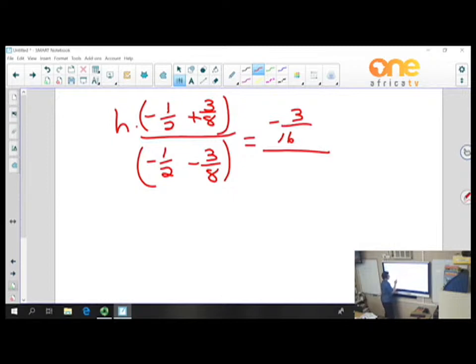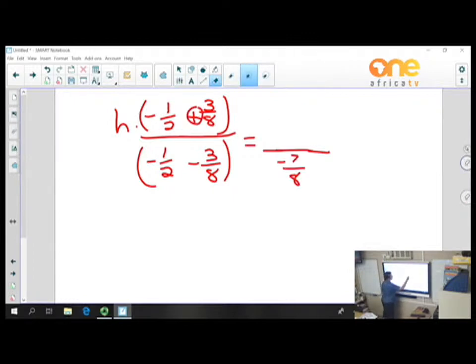And here it will be negative 4 minus 3, which is what? Look here, it's plus here. Right, let's look at this one. It's plus, so it will then actually be negative 4 plus 3, yes, which is negative 1/8. And now if we divide, we times with the reciprocal, so times negative 8/7, and this is then positive 1/7.